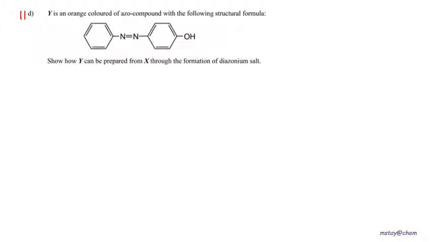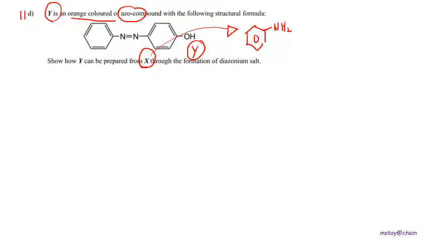Y is an orange precipitate, an orange color azo compound. So this is the structure for Y, and we want to show how this azo compound can be prepared from X. If we recall X in question 11, it refers to aniline. So when it is about the azo compound, please always start from the aniline and then react it with the nitrous acid.